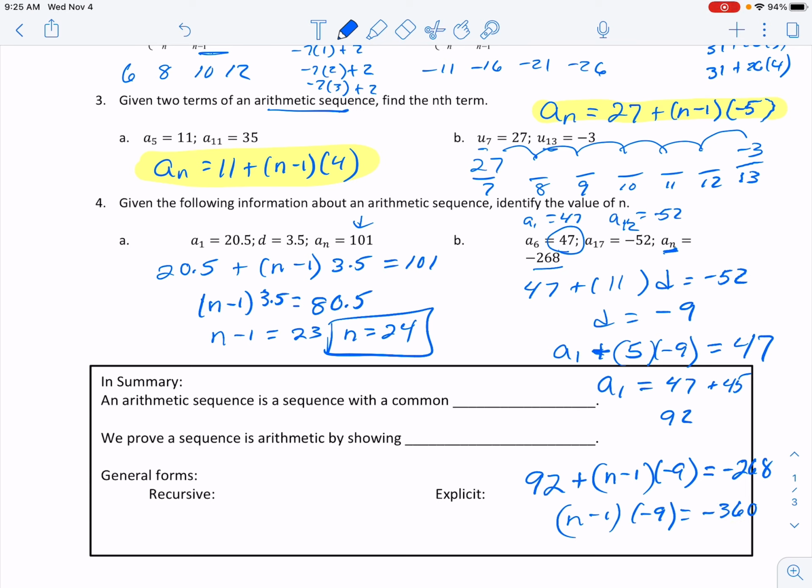Divided by negative 9 is 40. So n minus 1 equals 40. So n is equal to 41. Man, oh, let's change colors. N equals 41. Whew. That was a big process.